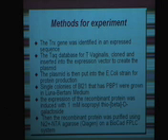Alright, these are the methods for the experiment from the research paper. Basically, the researchers found the TRX gene. It was expressed in a sequence, and then cloned and inserted into a vector to create the plasmid.